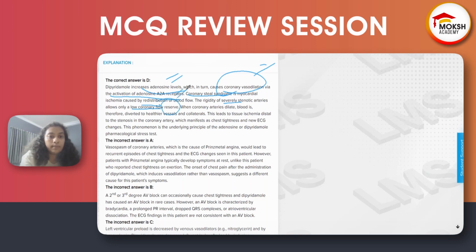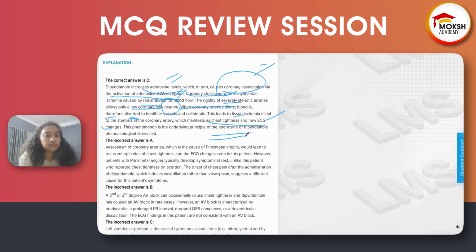But when the coronary artery dilates, blood is diverted to the healthier vessels and collaterals. This leads to tissue ischemia distal to the stenosis in the coronary artery, which manifests as chest tightness and new ECG changes. This phenomenon is called coronary steal syndrome. This is the underlying principle of cardiac stress testing.